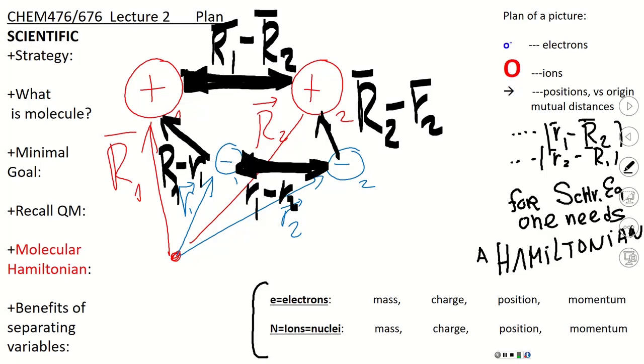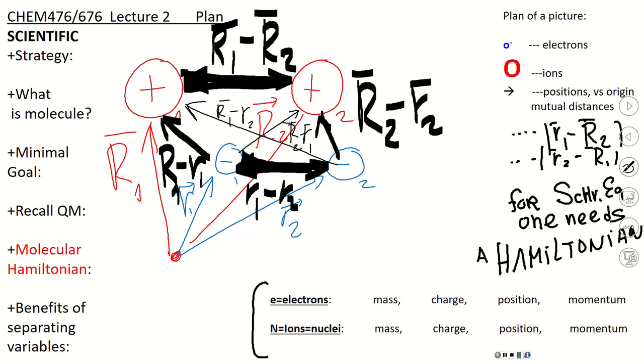But I just have a problem that if I keep this highlighting color, it will not be visible. Maybe I'll do thin. R1 capital minus R2 lowercase and R2 capital minus R1 lowercase.